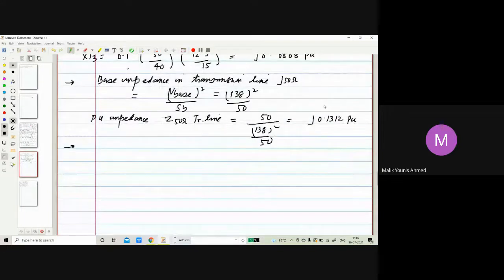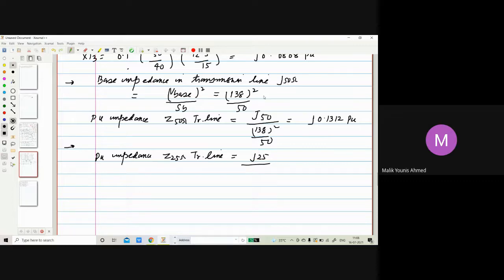So you can write down the per unit impedance of the Z25 transmission line. It has to be J50 for the J25 line, divided by the same value.